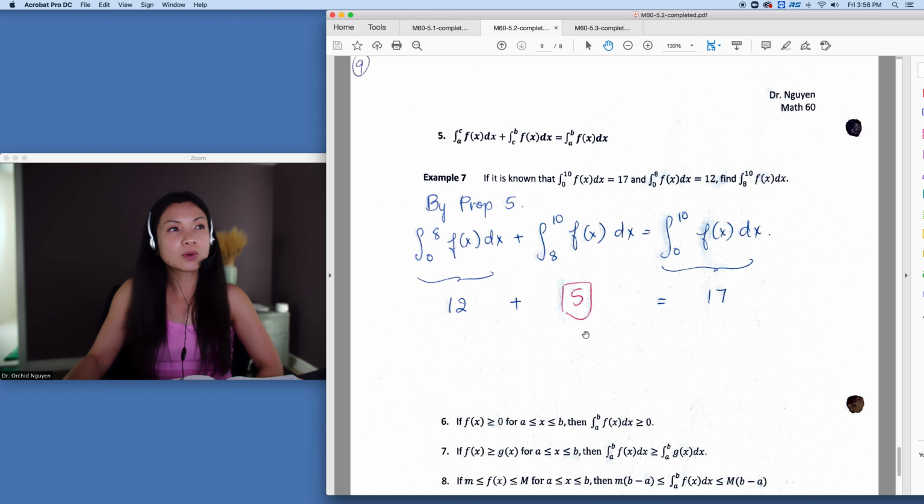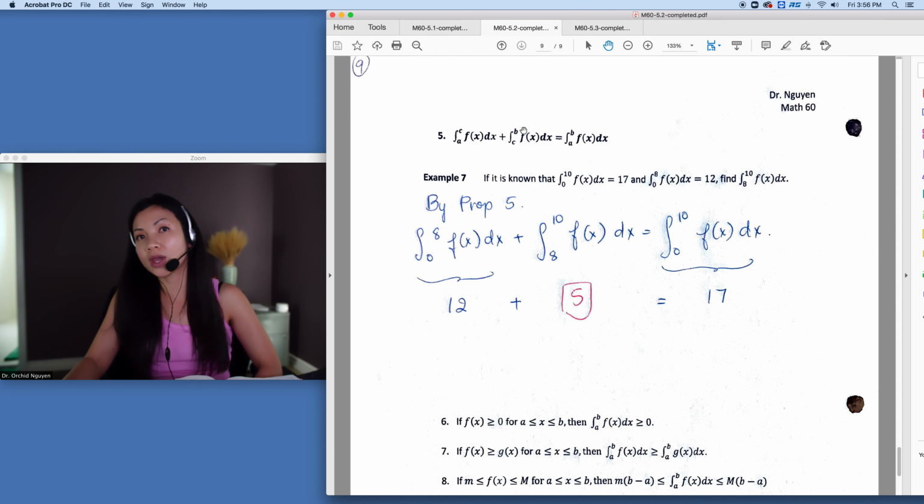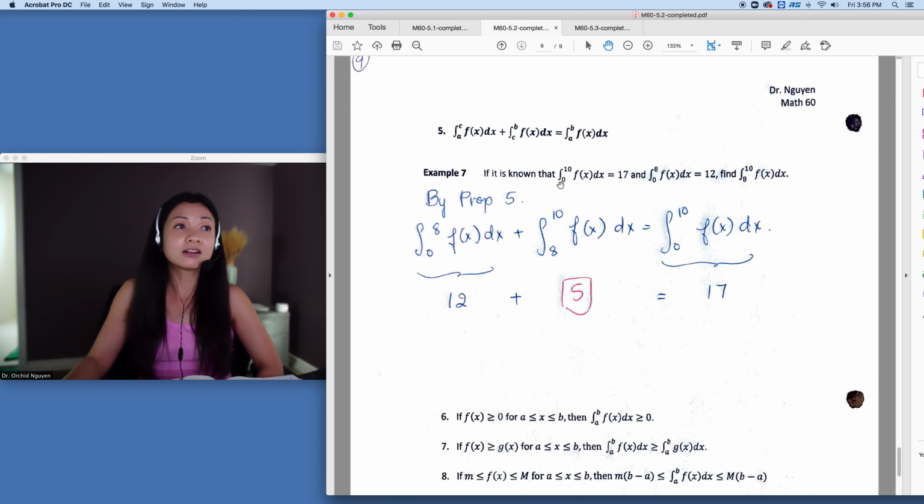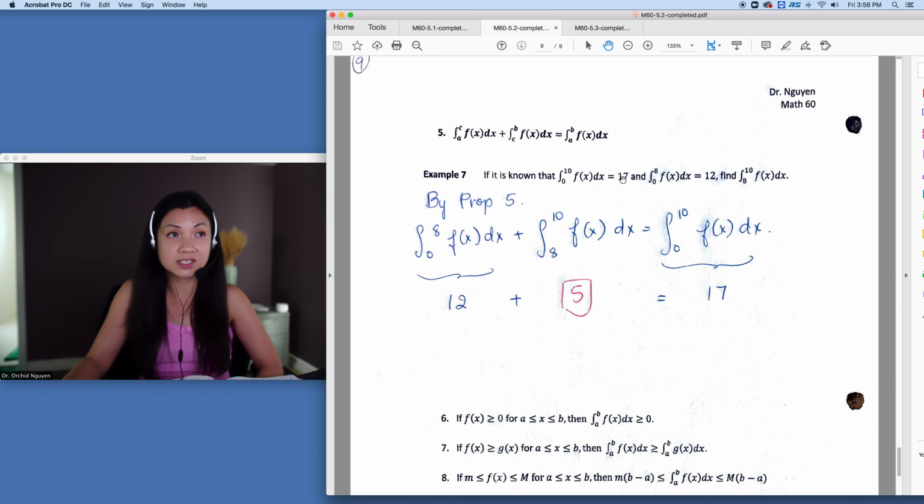Moving on to this property. If you have the integral from a to c, and then you have from c to b, when you add them up, that's pretty much taking the integral from a all the way to b. So right here, the integral from 0 to 10 is going to be 17.